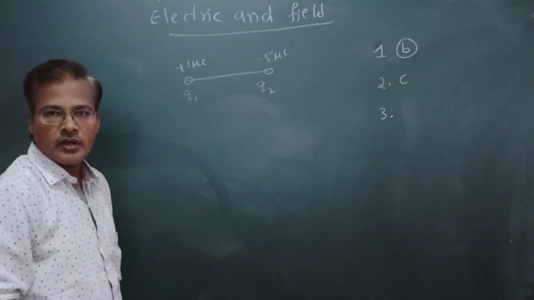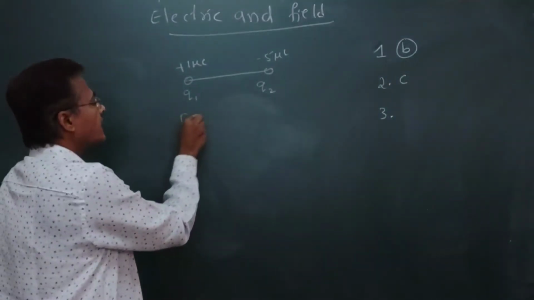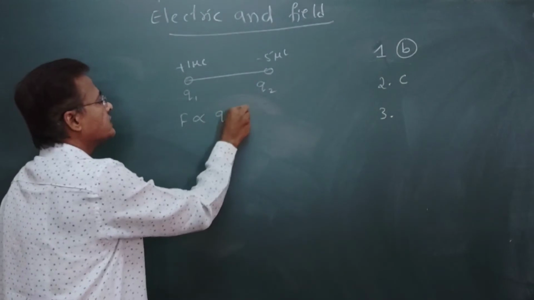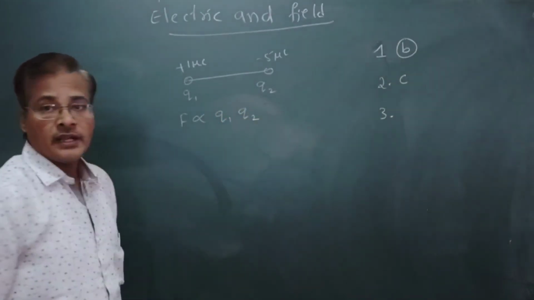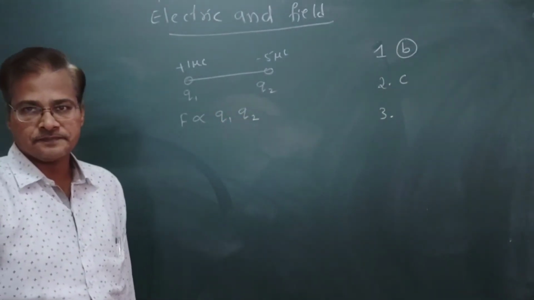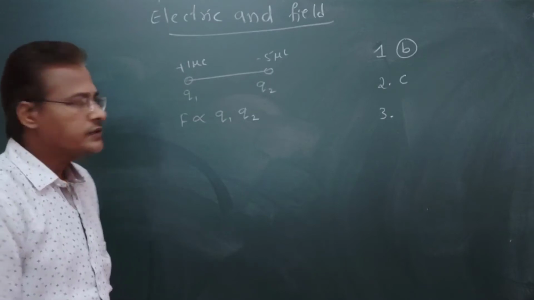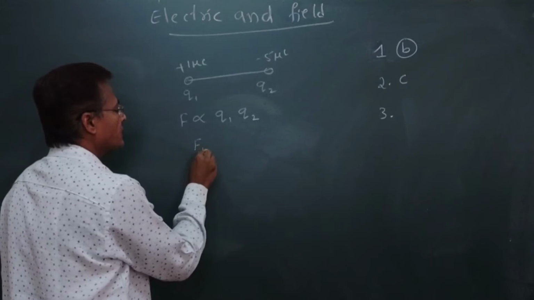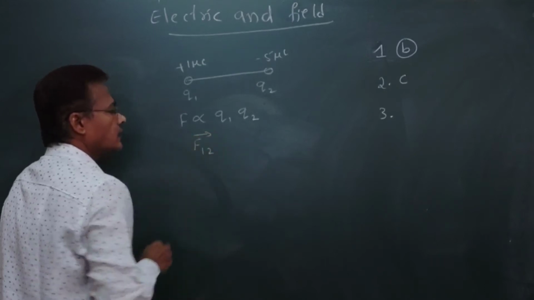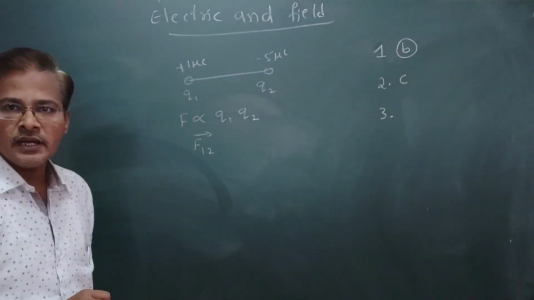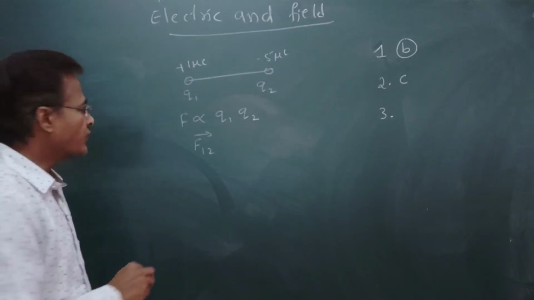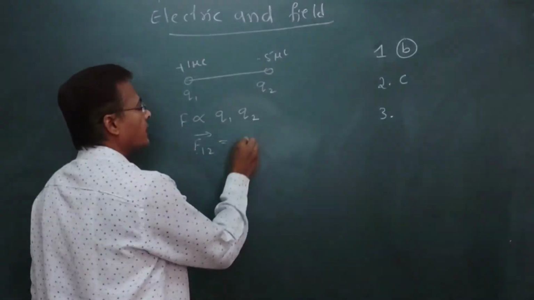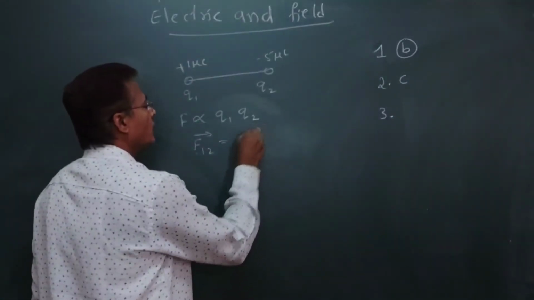According to Coulomb's law, the force is directly proportional to the product of the magnitudes of the charges. And according to Newton's third law, every action has an equal and opposite reaction. So here F12 vector equals F21 vector.